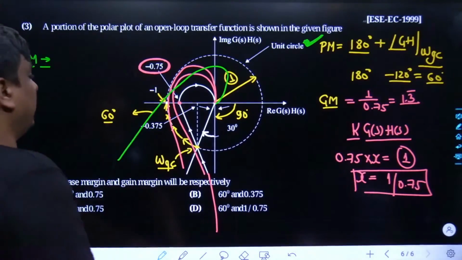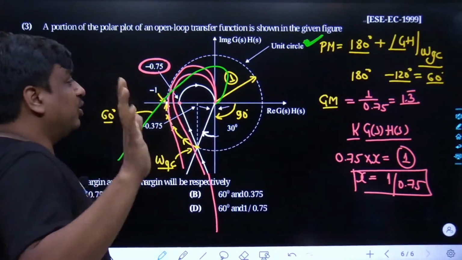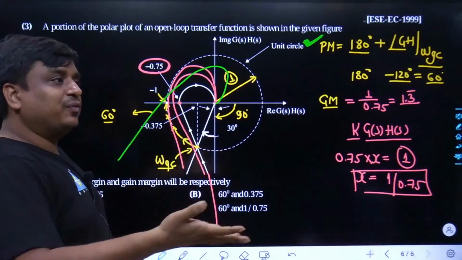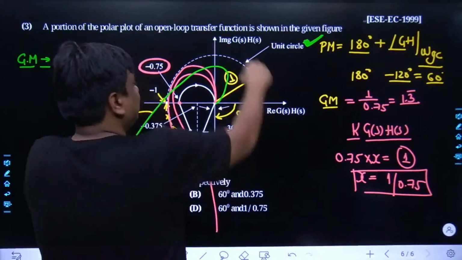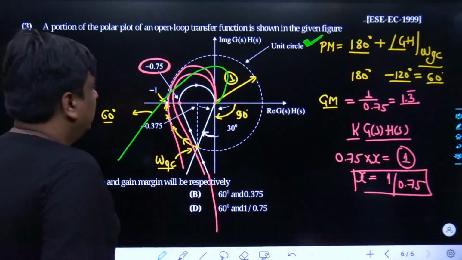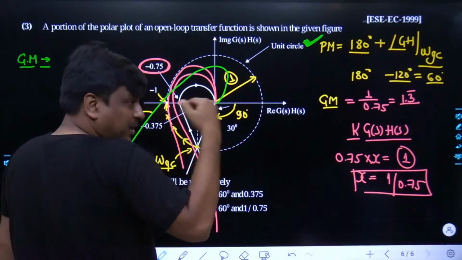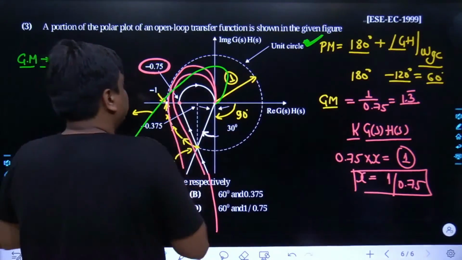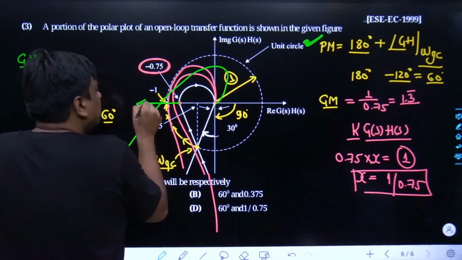In the calculation of gain margin, I cannot introduce any additional phase change, either lead or lag. So the polar plot cannot rotate from its place; it remains the same polar plot. But if you provide gain, it would start bulging from its place. That means this point would start dislocating along the negative real axis.